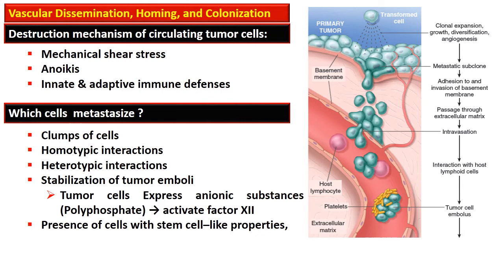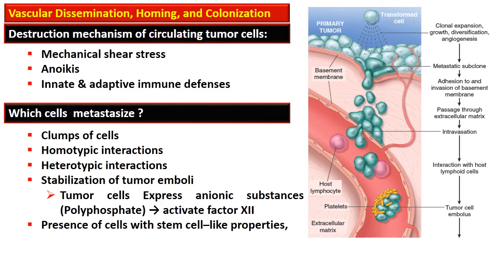The tumor cell embolus is stabilized by expressing polyphosphates that are anionic substances, and this results in activation of contact factor, factor 12, which results in fibrin deposition. Hence the tumor clump is stabilized.